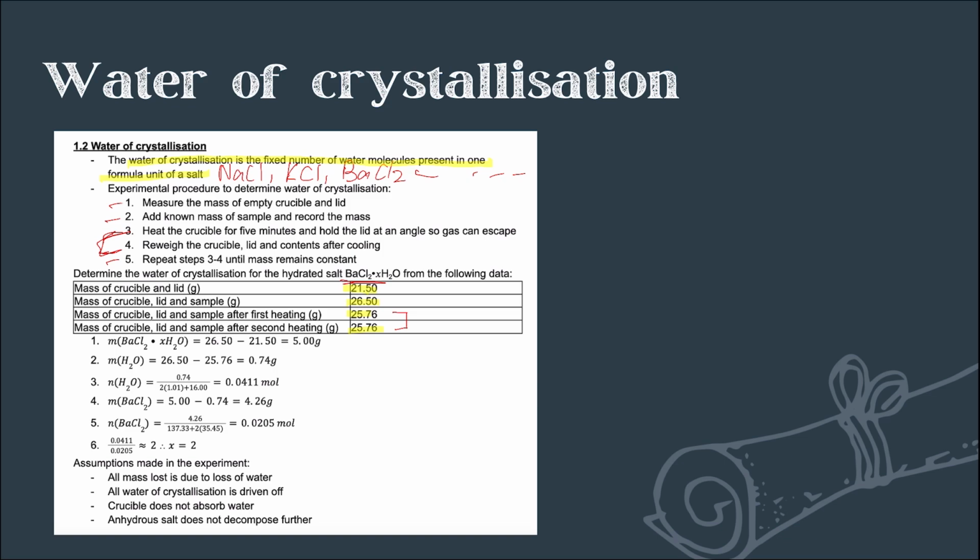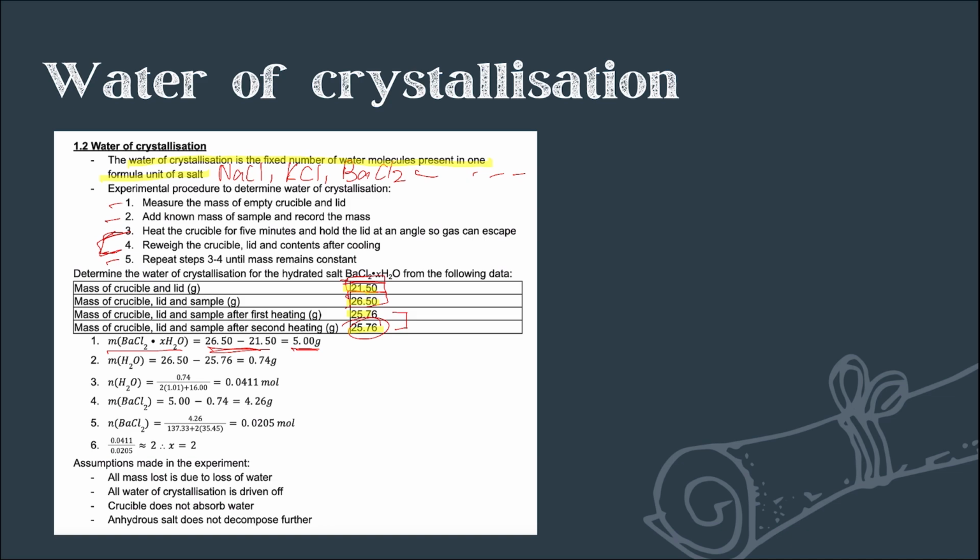So, first, we can find the mass of the hydrated sample by subtracting the mass of the crucible and the lid, 21.5, from the mass of the crucible, lid, and sample, 26.5, which would give us 5 grams. Then we can find the mass of water. The dehydrated sample, after removing all the water after all the heating steps, is 25.76.